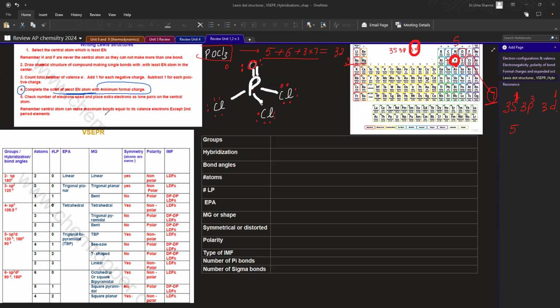Okay, now start answering these questions. How many groups on P? Groups on P. What's the hybridization? What's the bond angle?